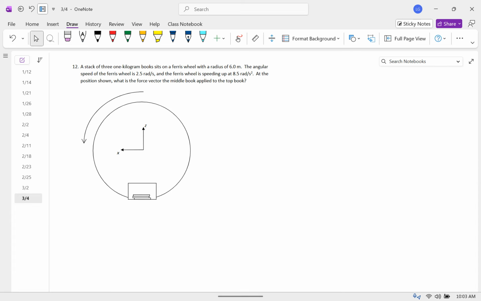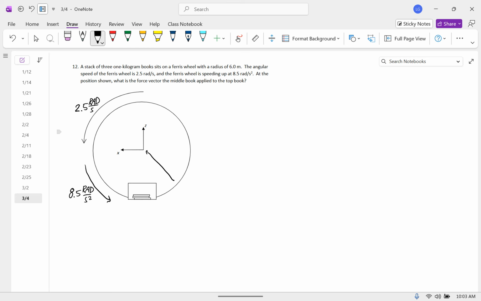We know that the angular velocity is 2.5 radians per second this way. It's speeding up, so what direction is the angular acceleration? Same, yep. And that's 8.5 radians per second squared.